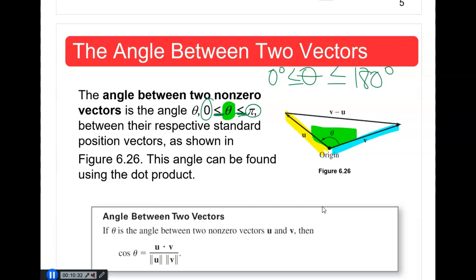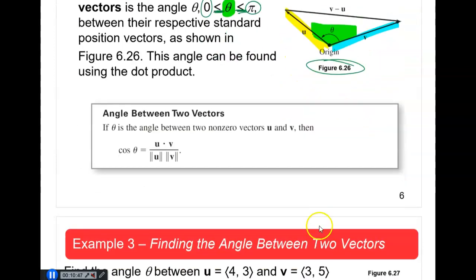Between their respective standard position vectors, as you can see on the figure here, 6.26. And the angle could be found using the dot product. So to find the angle, we're going to use the dot product for the numerator of this expression.